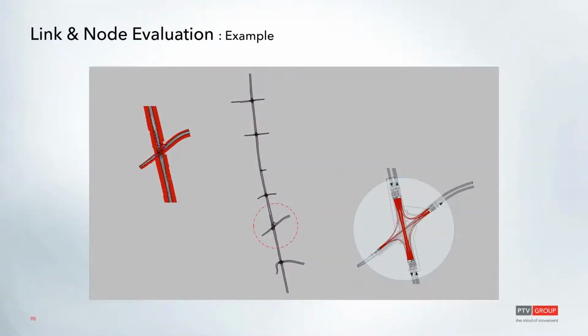All right, so let's go ahead and take a look at an example here. So in this case, we've already got both the link and node evaluations turned on and have some of the results being shown in the network.